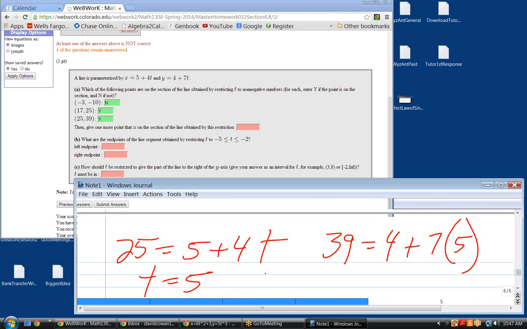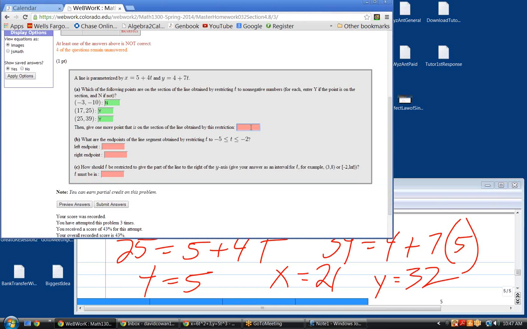Let's try t equal 4. Well, what's x when t equals 4? X is 16 plus 5, 21. And y when t equals 4 is 4 plus 28, 32. So 21 comma 32.